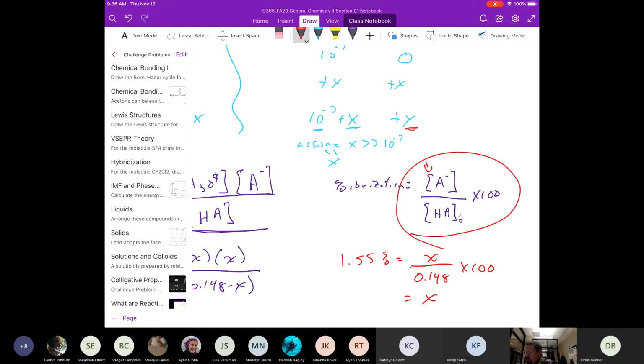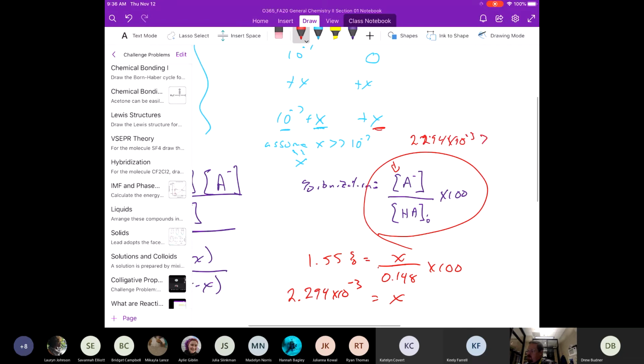And when we do that, we get 2.294 times 10 to the minus 3. Does that make sense? And when we come back up here, if we compare that x value, 2.294 times 10 to the minus 3, that is, in fact, much, much greater than 10 to the minus 7th, right? So this assumption is true.